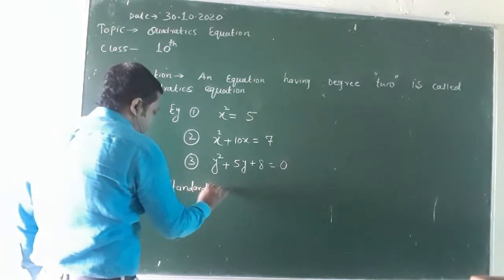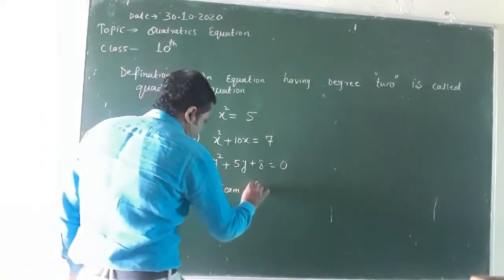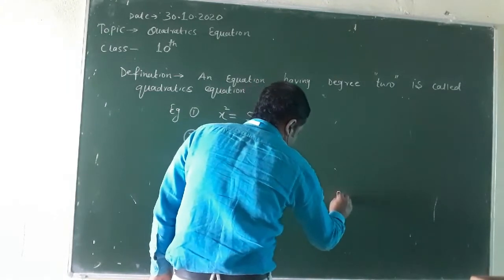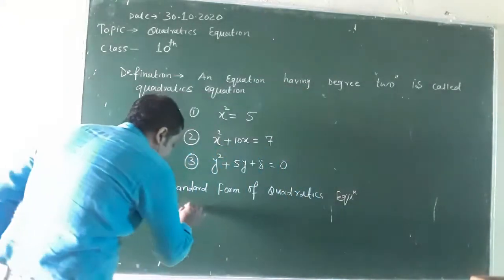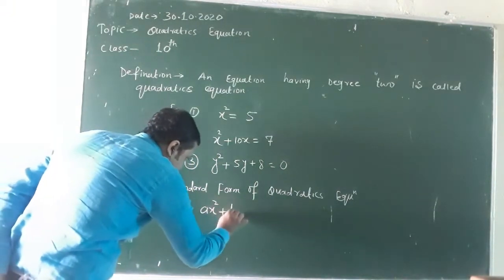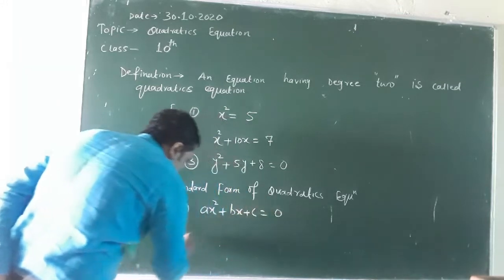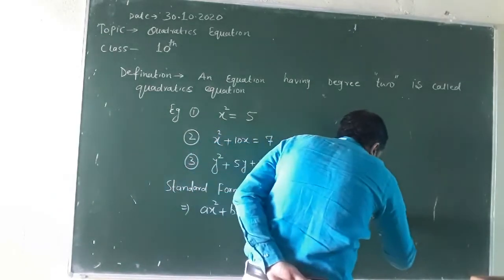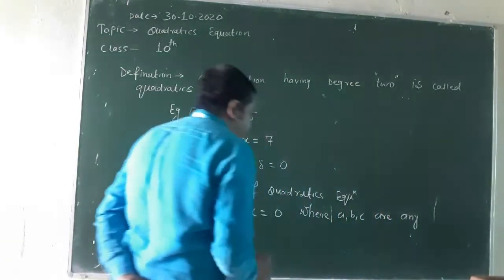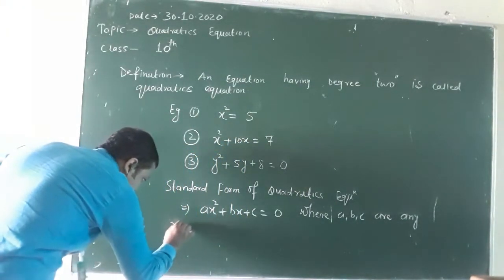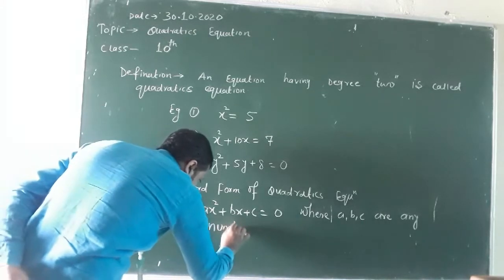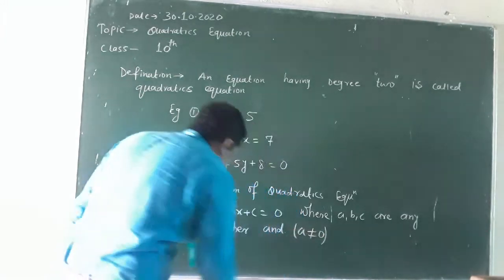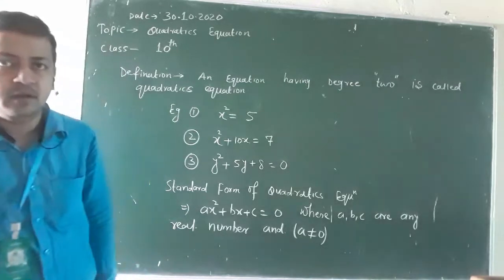The standard form of a quadratic equation is ax square plus bx plus c is equal to 0, where a, b, c are any real numbers and a cannot be equal to 0. a cannot be 0. If a is 0, then the x square term will vanish.